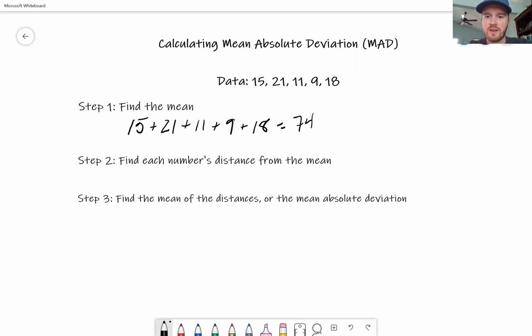Now, we take that sum of 74, and to calculate the mean, we have to divide it by the number of points in our data set. And we have 5 data points in our data set. So 74 divided by 5 gives us 14.8. So that's our mean. 14.8 is the mean for this particular set of data.